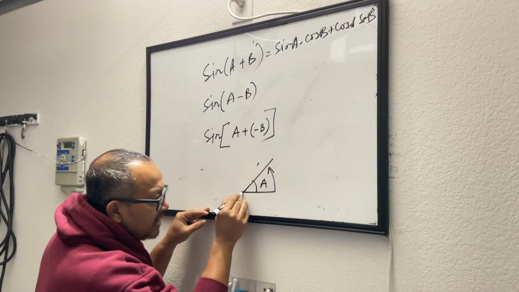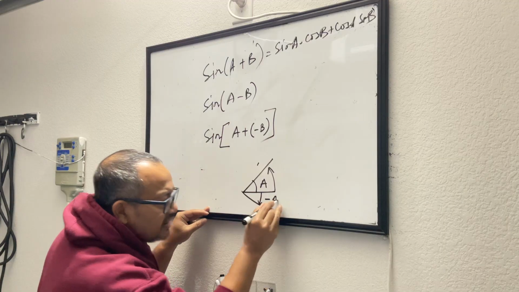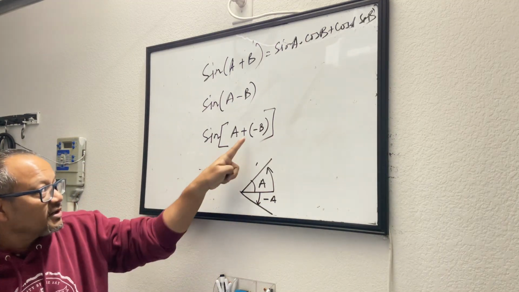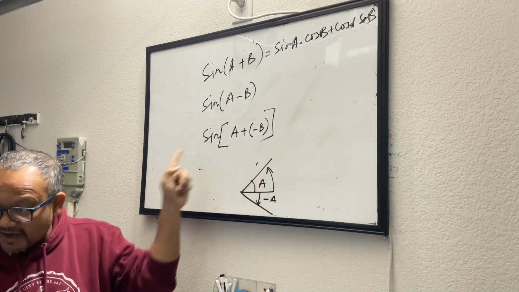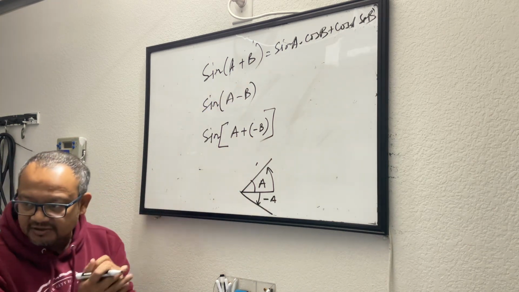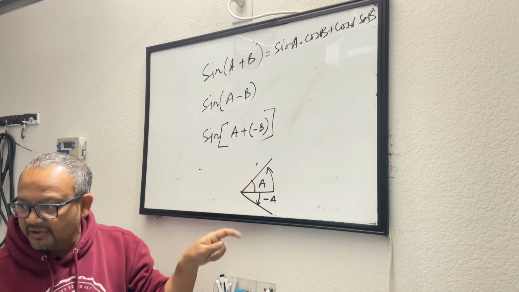If I'm talking about angle minus A, same value but I'm going in a clockwise direction. That's the difference, correct? So here I have two angles. I'm adding the two angles. I'll use the same formula, but we will come back to this concept of positive angle and negative angle, okay?